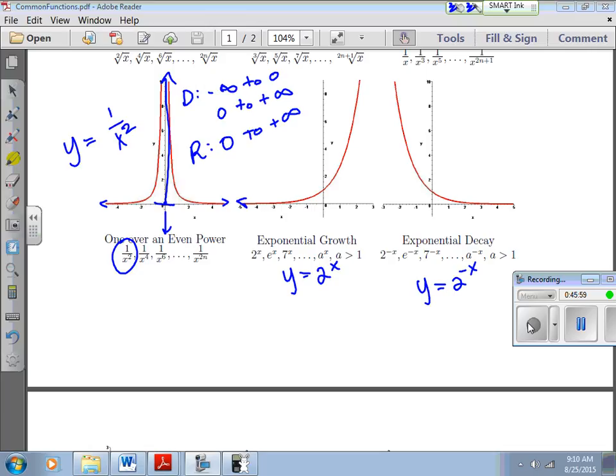Could I ever say y equals 2 to the millionth power and get a y value that goes to it? Yeah. So the domain is all real numbers. How about the range?